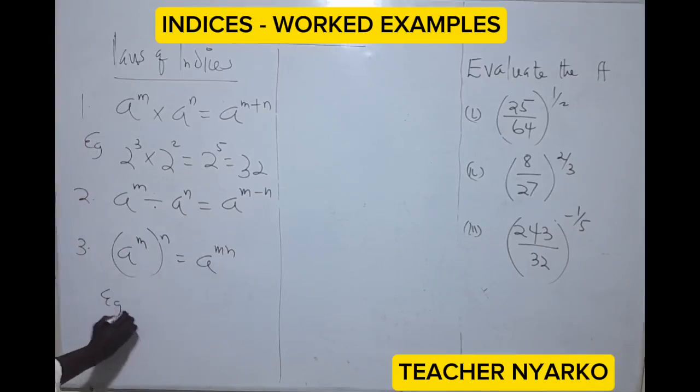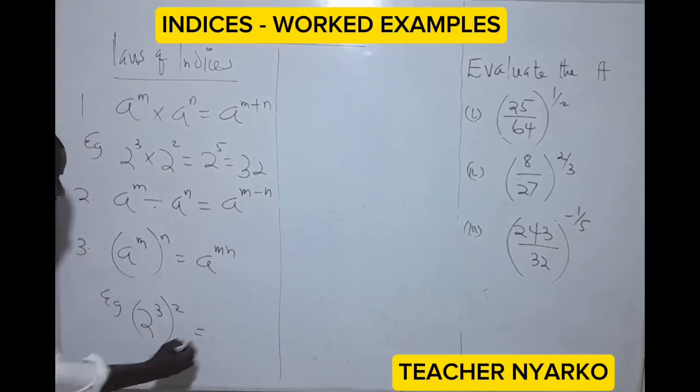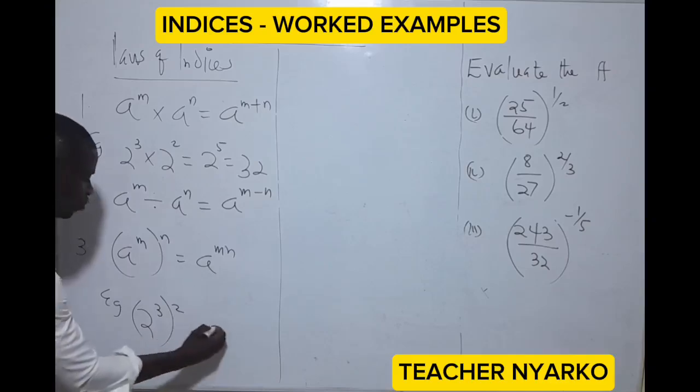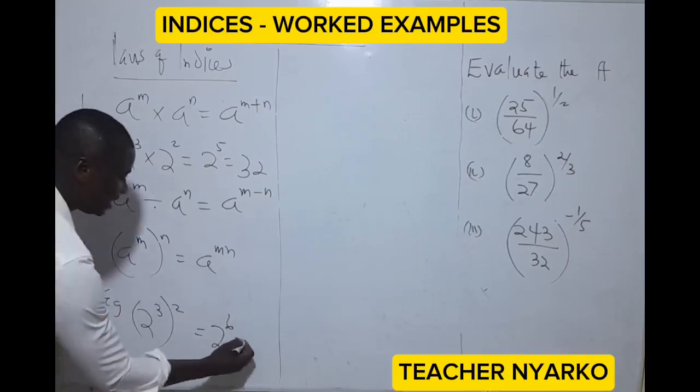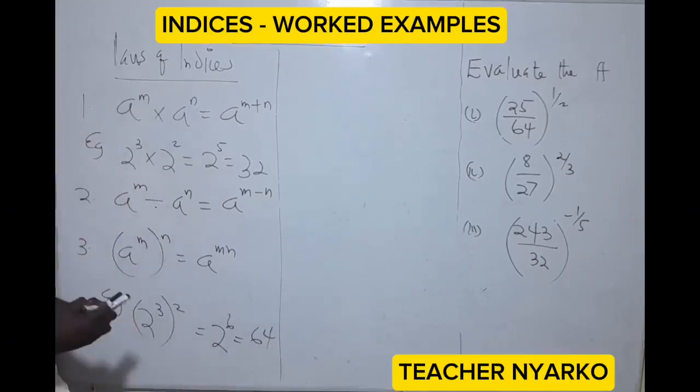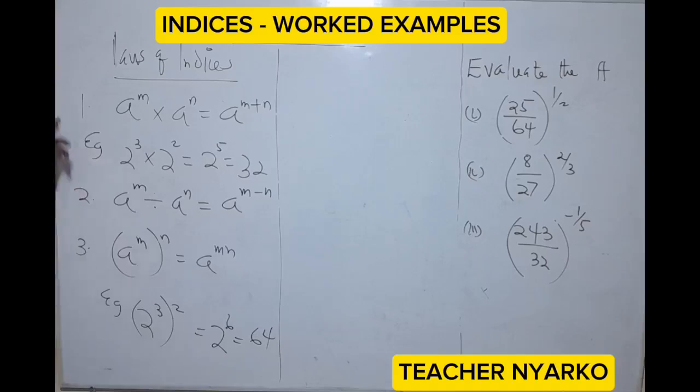That means that if you have 2 exponent 3, all exponent 2, this is the same as 2 exponent 3 times 2, which gives us 6. I hope you understand that. And this answer is supposed to give you 64. So that is what the first law, the second law, and the third law are talking about.